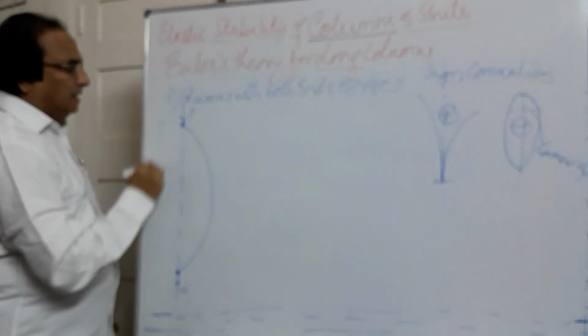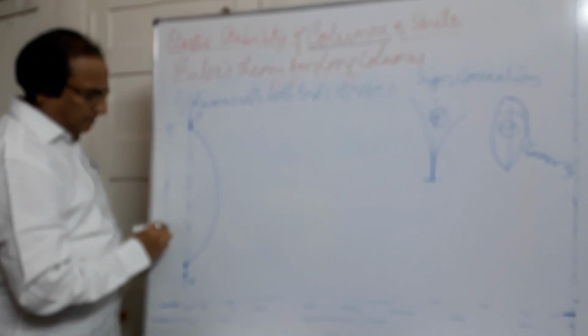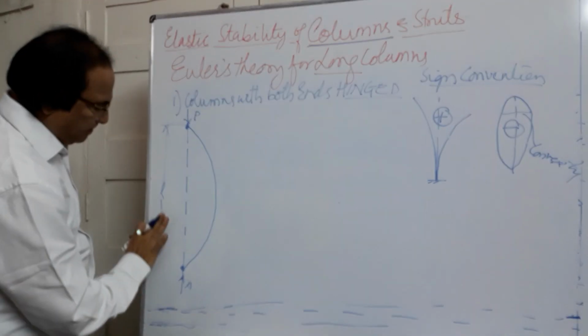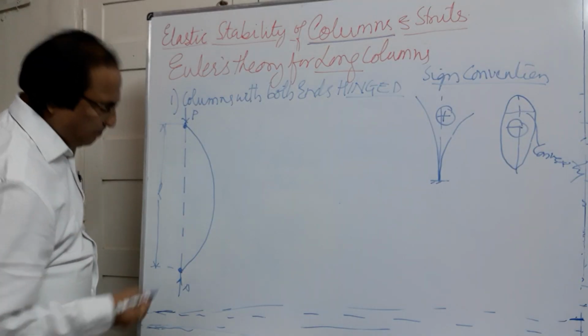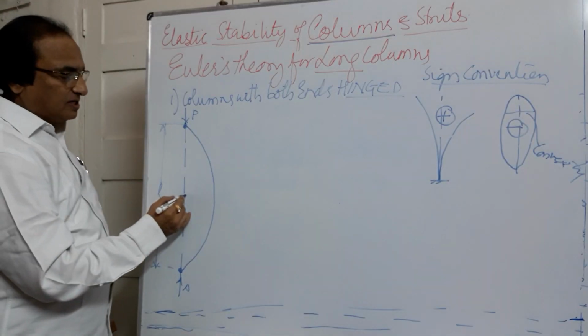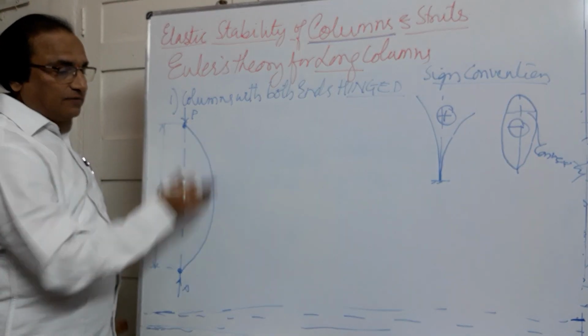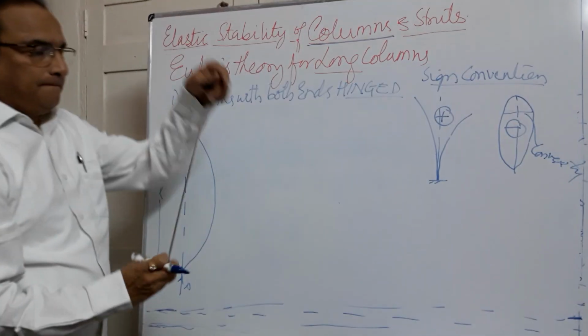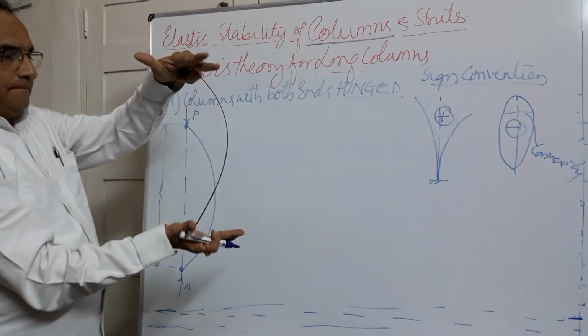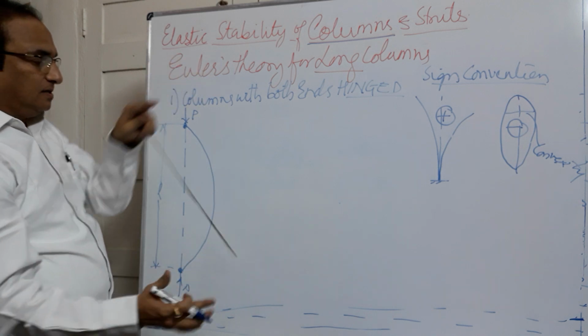Let L be the actual length of the column. Now it is deflected like this. So maximum deflection you are finding is at the center. It has deflected from the center like this, in this direction towards the right.